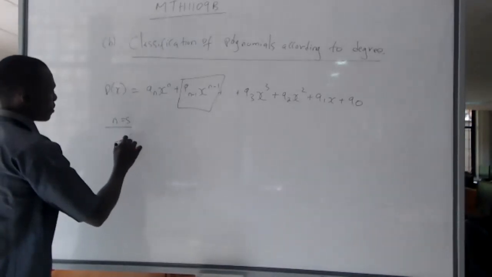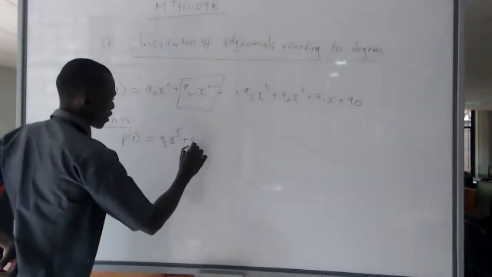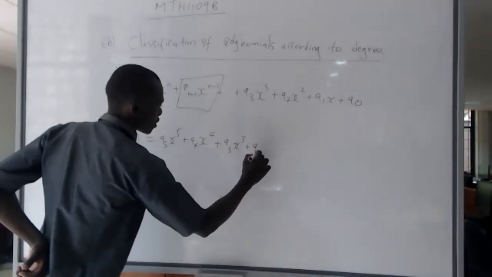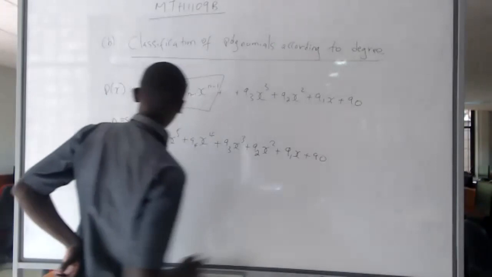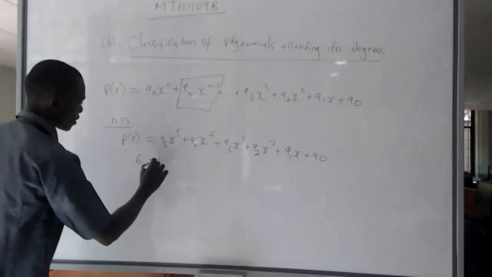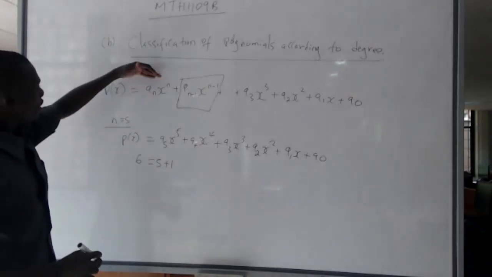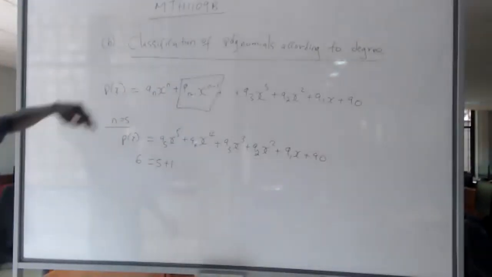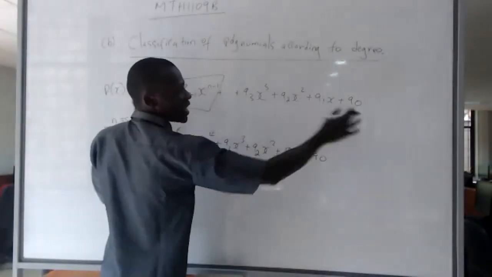Then you will have something like a5 x to the 5 plus a4 x to the 4 plus a3 x cubed plus a2 x squared plus a1 x plus a0. Count these terms: 1, 2, 3, 4, 5, 6. 6 is the same as 5 plus 1. So in general, if you have all the exponents from n up to 0, then you have n plus 1 terms. And this is assuming that all the terms in the middle have non-zero coefficients.